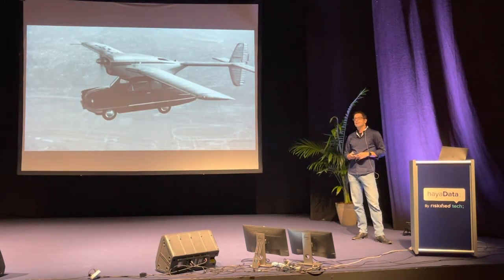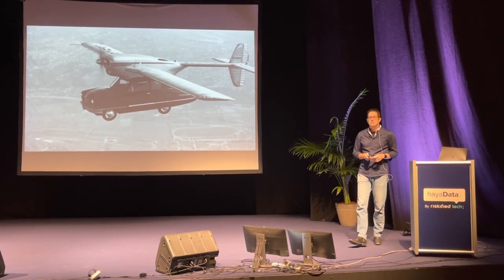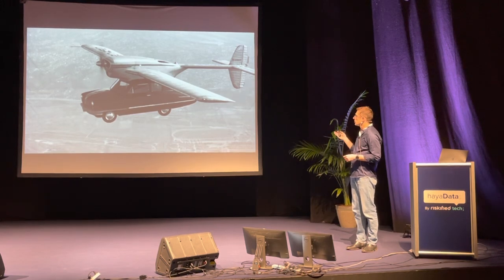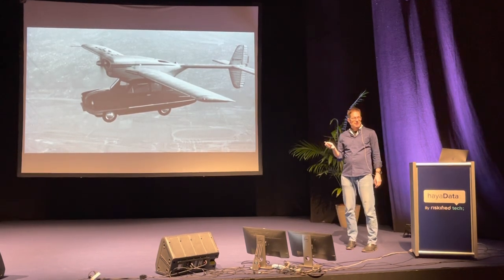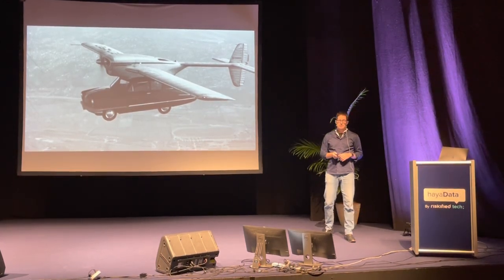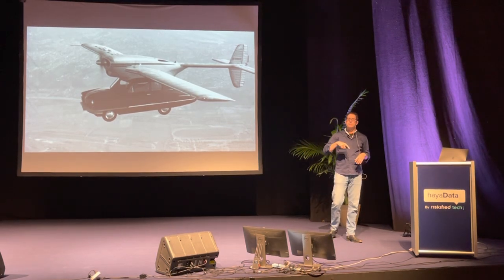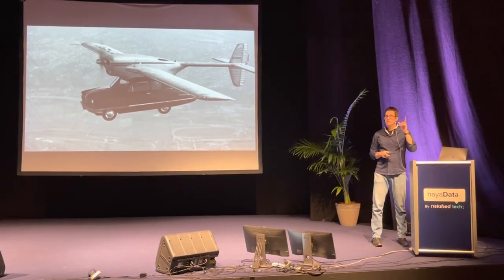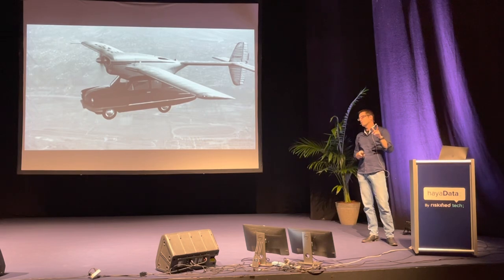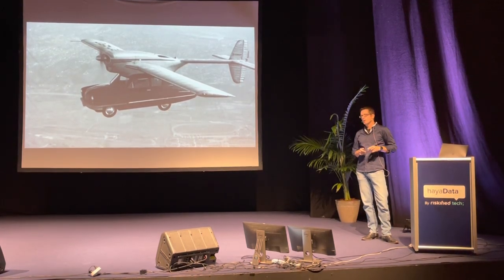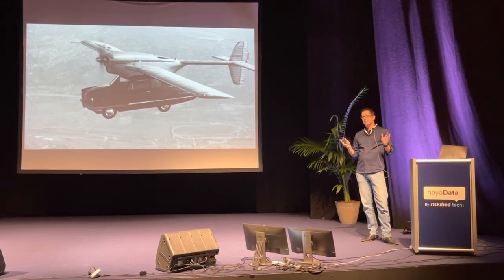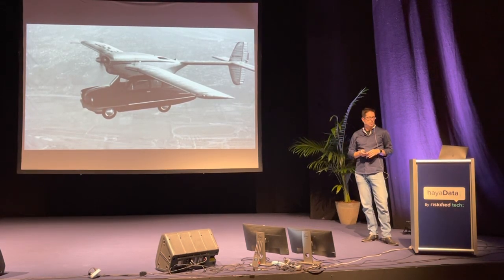If you go back to the 1950s, people predicted that by now we'd all be driving or flying flying cars. And yet, when I drove here this morning, I did not see one flying car on the road, nor did I see one in the sky, right? So this prediction was totally off, and there were lots of predictions that were totally off.